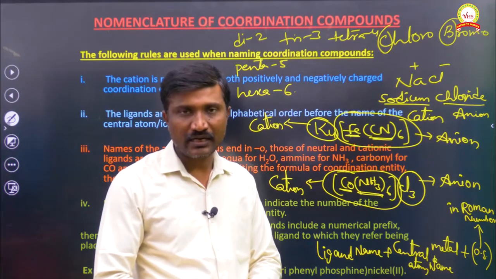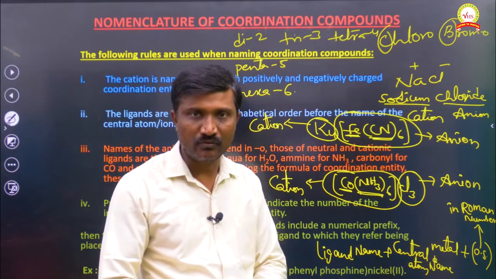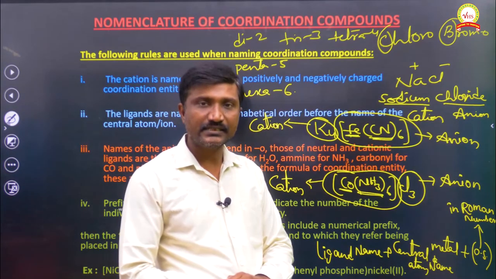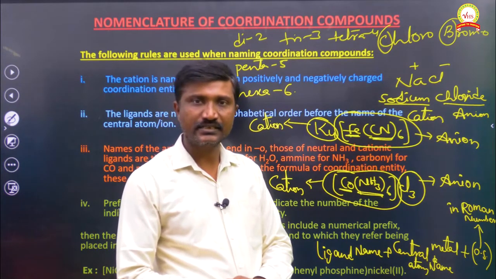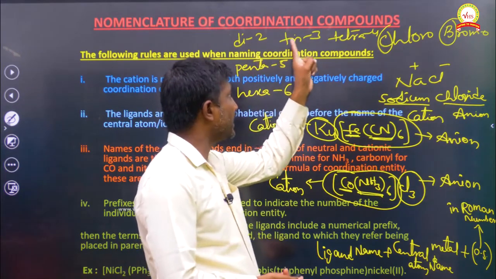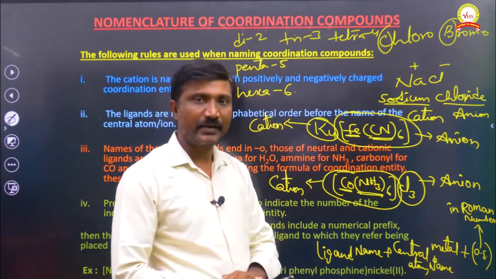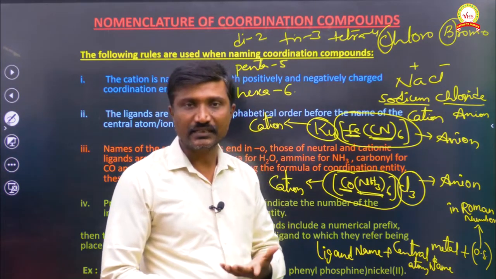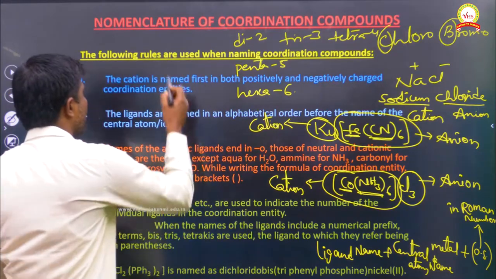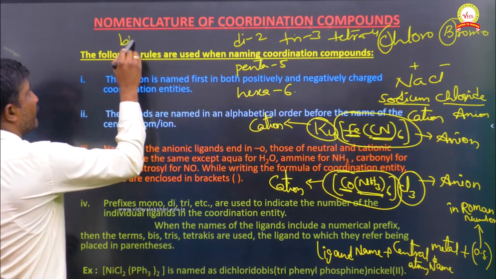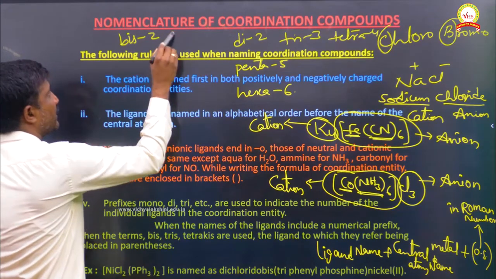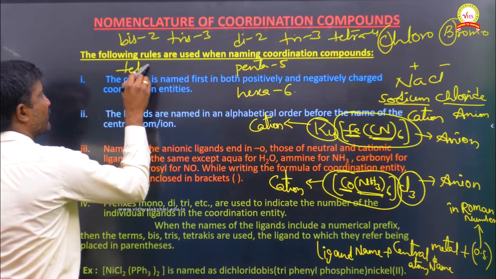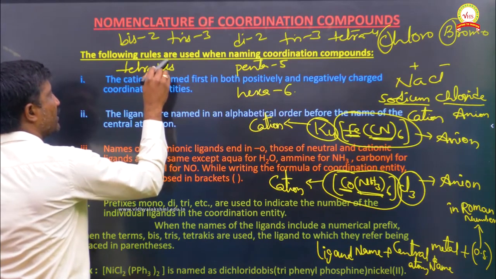When we write these bidentate and polydentate ligands, we have to give the repetition as bis, tris, tetrakis, instead of di, tri, tetra, penta, hexa. So bis for 2 times repetition, tris for 3 times repetition, and tetrakis for 4 times repetition.